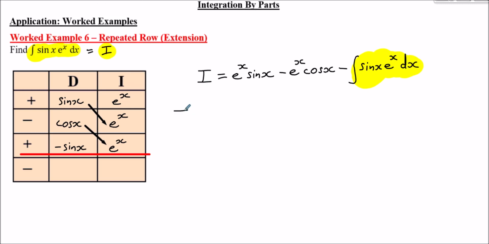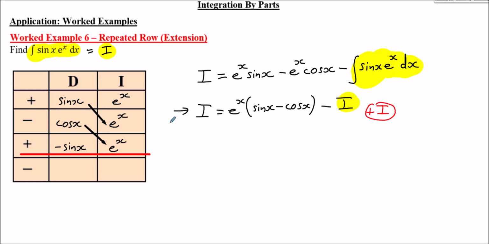So I can rewrite this as I equals e to the x, which can factorize out now, because I've got this twice. So e to the x, sine x minus cosine x, minus I itself. So now I can rearrange this like an equation.